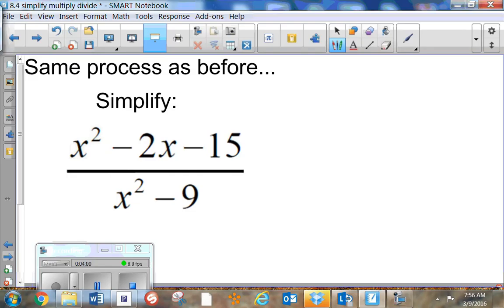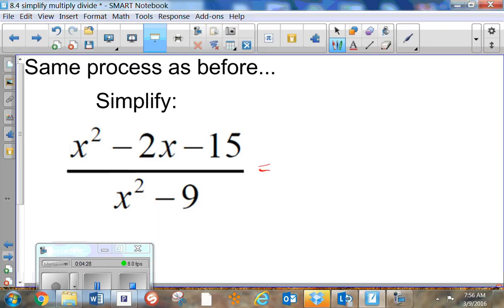Here's your first fraction, meaning I've got a numerator and a denominator. We're going to do that same process that you did in the 5th grade. We're going to write all the factors of the top number over all the factors of the bottom number. We're going to cancel out the ones they have in common. All right? So let's do that.